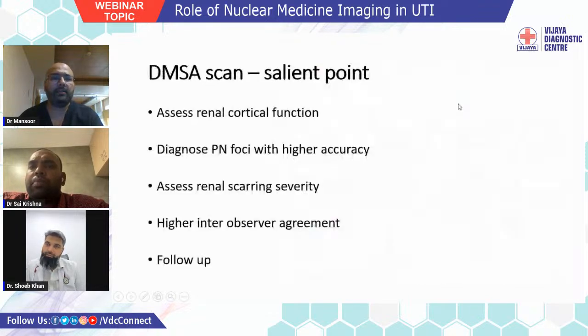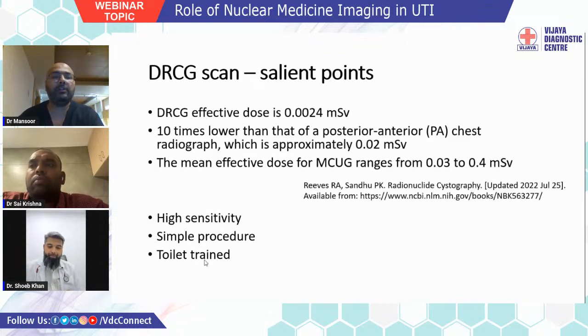And some salient points: DMSA scan is used for assessment of cortical function, and you can diagnose pyelonephritic foci with higher accuracy. You can assess the renal scarring and severity. There is high inter-observer agreement, and you can use it for follow-up as it has very little radiation and is a simple procedure.